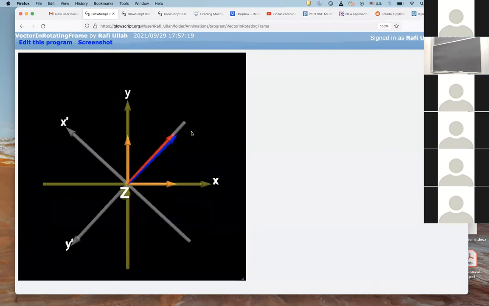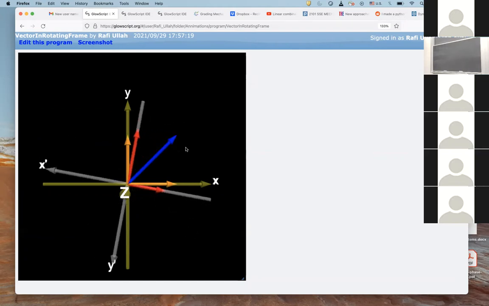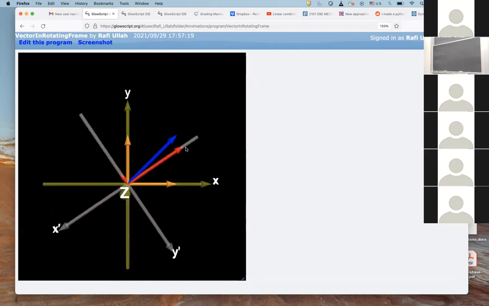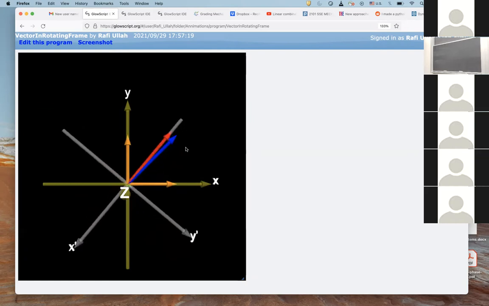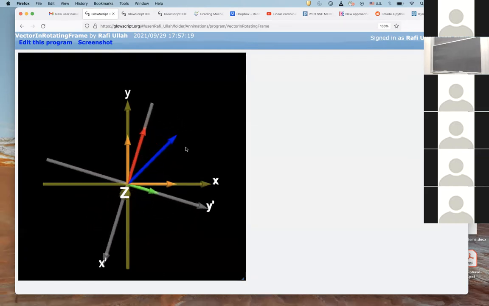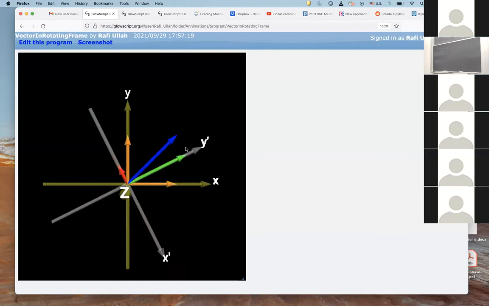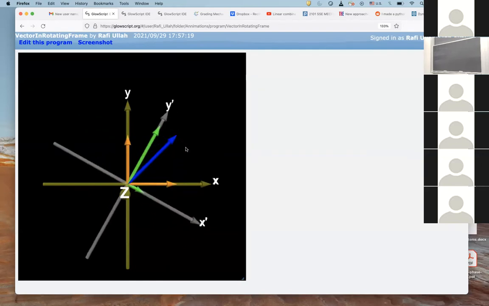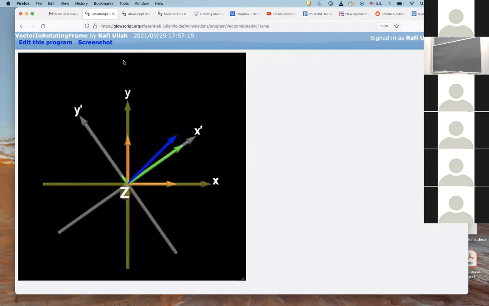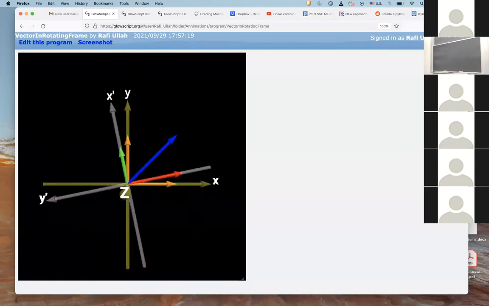And the red color shows that it's the negative y axis, which is aligned with the vector, and so on. And then now my negative x axis is aligned with the vector, so no other component. And then now the positive y axis is getting closer to the vector, and so on and so forth. Okay, so you're free to play with these animations.